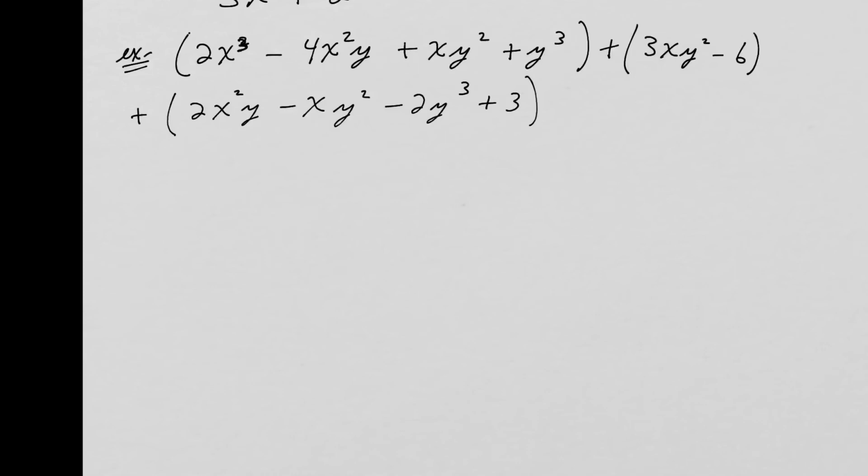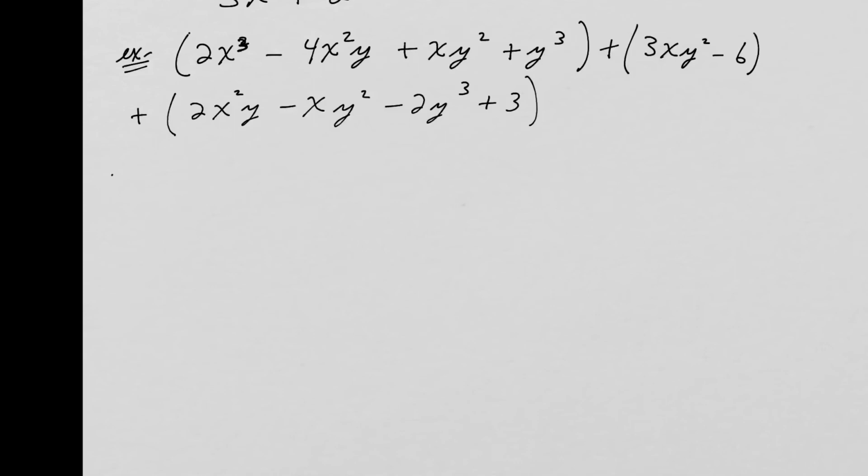Now, it's a little more complicated, right? Because these are polynomials in two variables, in both x and y. But the idea is the same. Because I'm adding everything, and I only have a 1 right in front of each of those parentheses, I can remove the parentheses. So I'm going to write this again where I remove all the parentheses.